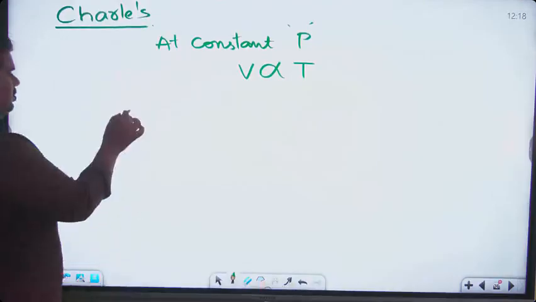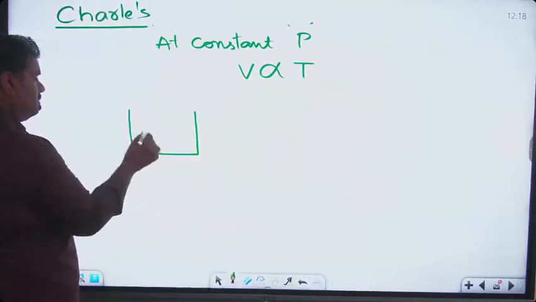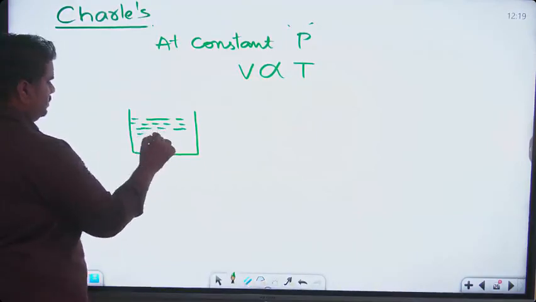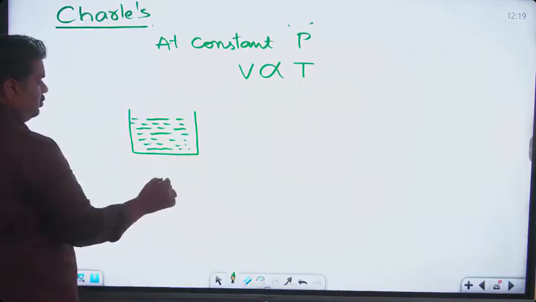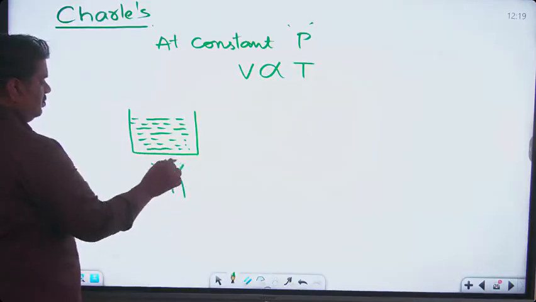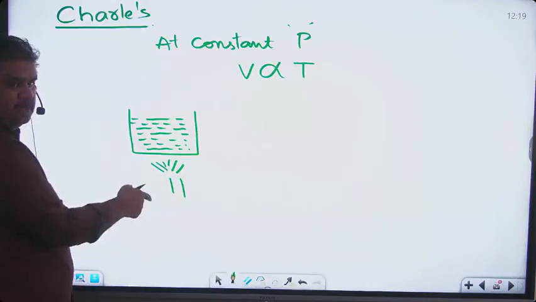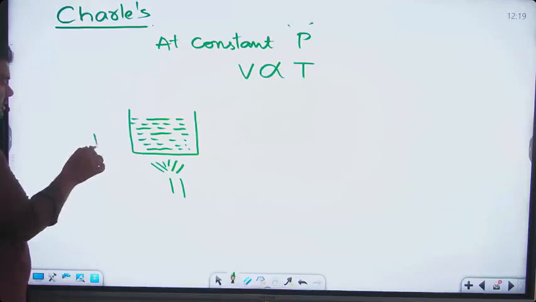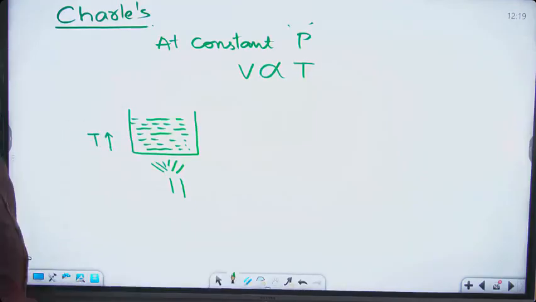Now, for example, suppose that in this particular case, you have taken a beaker. In this beaker, or this vessel, we have taken some milk, 500 ml. Suppose that you start heating this. The moment you heat this liquid, which you're calling milk, initially the temperature of the liquid will keep on increasing.